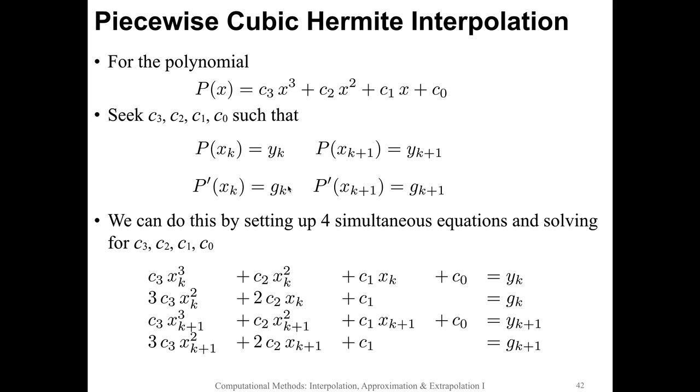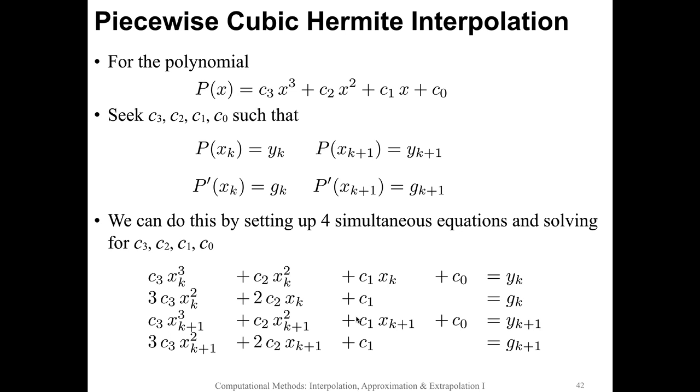And so we can write this out explicitly in full as a set of four simultaneous equations in the values of c3 down to c0. I've written these all out here in 4 lines. The top line corresponds to the constraint that we meet this measured value at the start of the interval, and the second row is the derivative of p being equal to the gradient at the start of the interval.